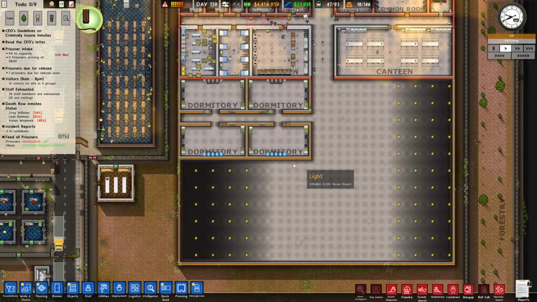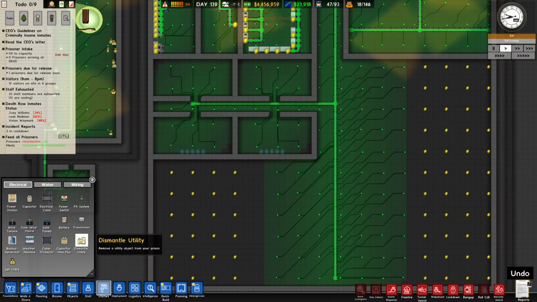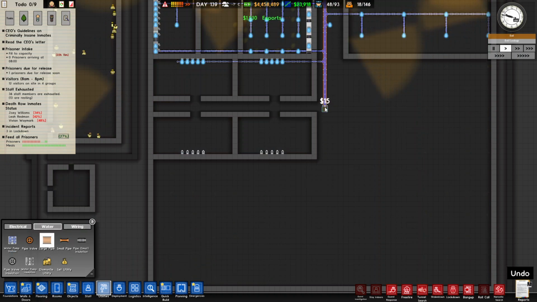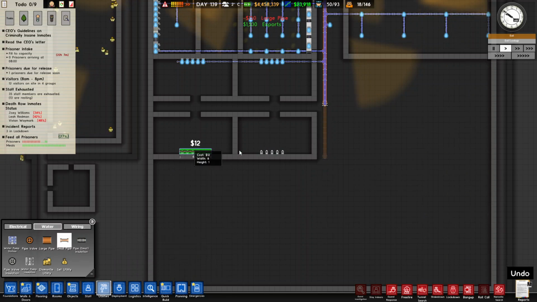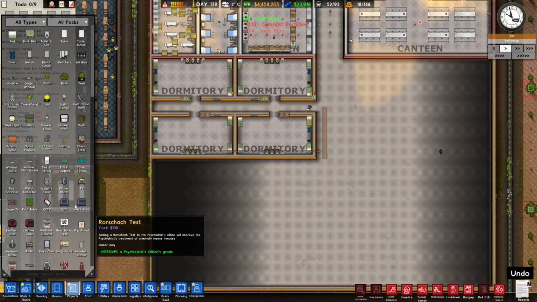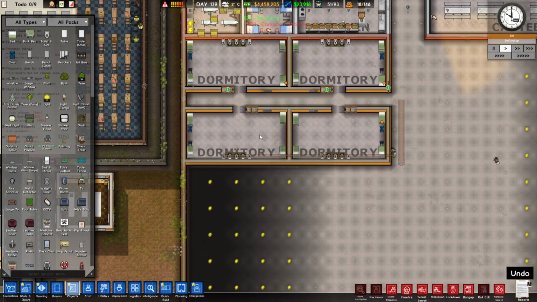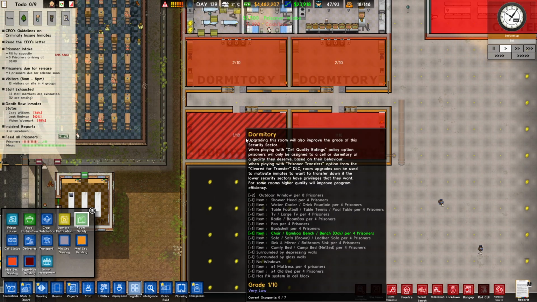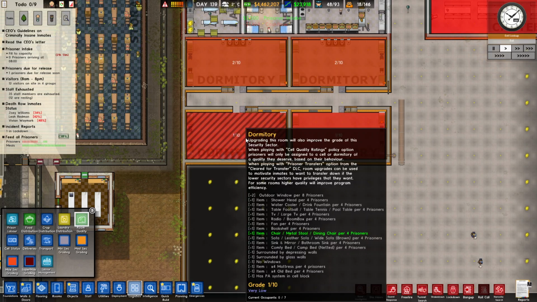Right, where were we? Right, we need to get some more water. And we need to give an item to bring the grade up by 1. So, did it say 2 radios per 4 prisoners? Yep.